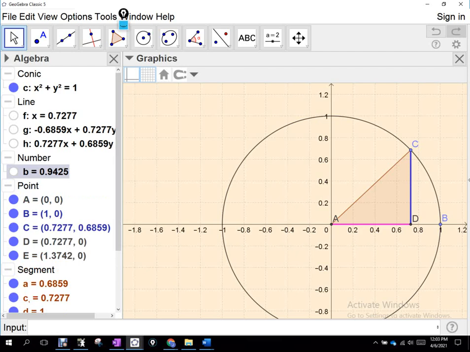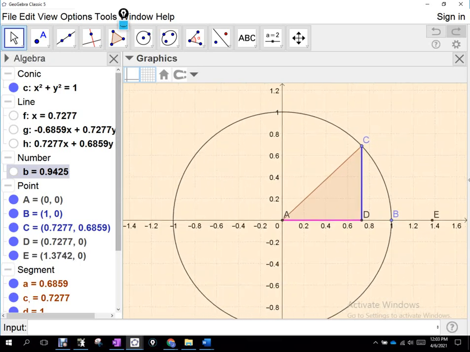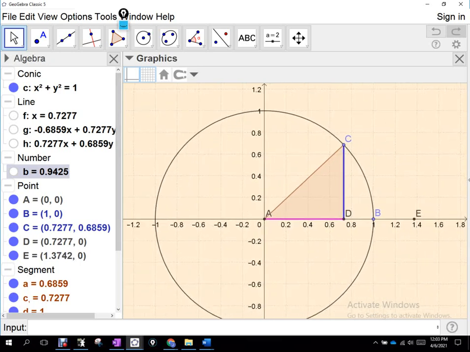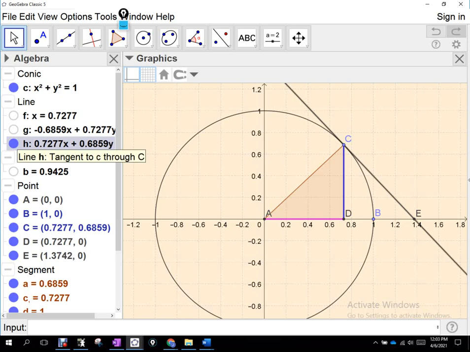Now I'm going to insert a line that goes through point C and is tangent to this circle. Not that line, it's that one. Would you guys agree that based off our definition of tangent, that is a tangent line?